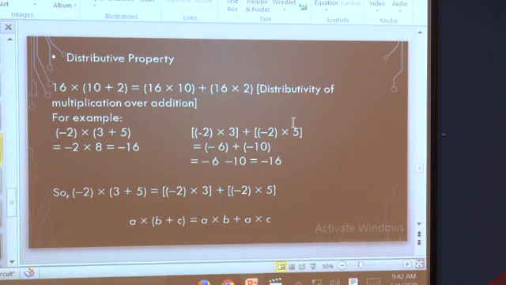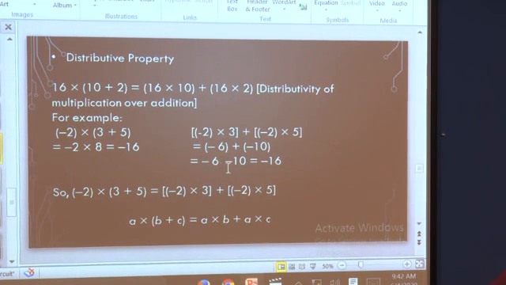What will be here? Yes, you know very well. First you will solve here. 5 twos are 10. Again it is minus, so you write minus 10. So here you can solve this one very properly. Minus 6, plus into minus is minus, so I had written here minus 10.